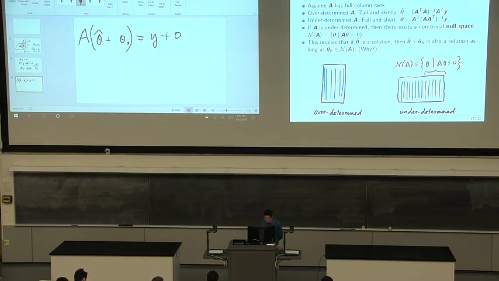So as long as theta hat is a solution, if you add theta hat with a theta 0, you will get the same y. So I give you one y, you will be able to find infinitely many possible thetas, which contain theta hat plus all these theta zeros.